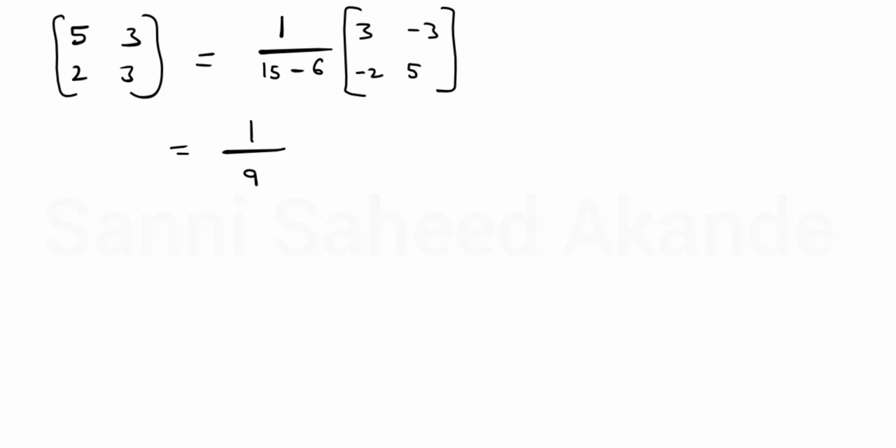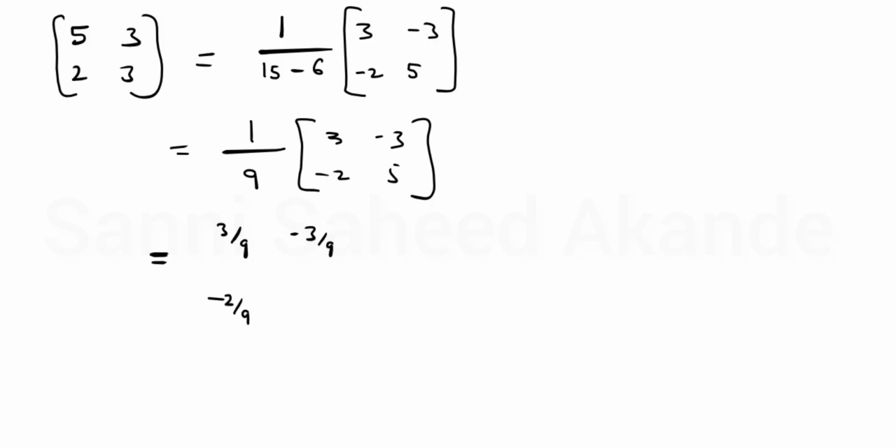Okay, then 3, minus 3, minus 2, 5. All right, so you can leave your answer this way, or you solve it further like I have said, and that would be 3 over 9, then minus 3 over 9, then 1 over 9 times minus 2, that will be minus 2 over 9. Then 1 over 9 times 5 will be 5 over 9.